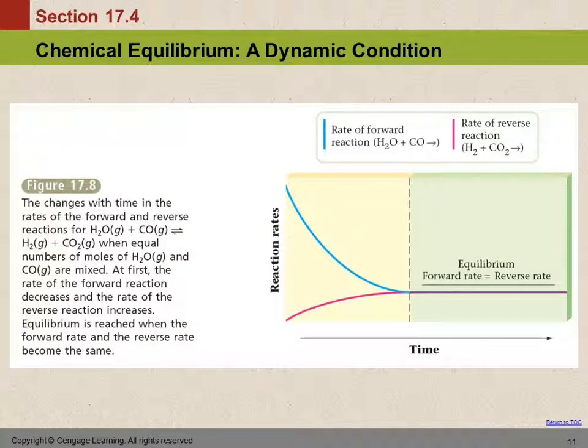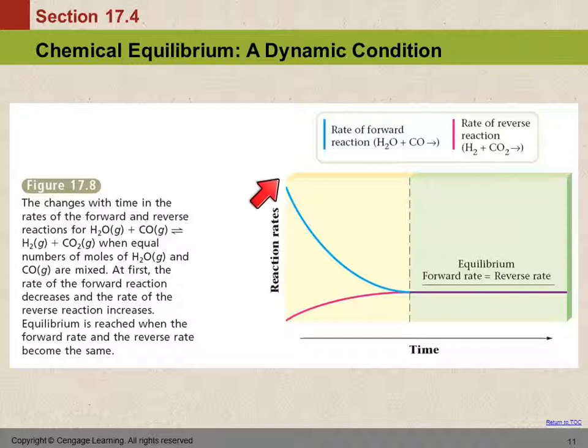So this is a graph that shows what's going on here. So this is reaction rate. So high on the y-axis means a high reaction rate, and down here it starts at 0. So the blue line is the forward reaction, the water and the carbon monoxide reacting, and the reverse reaction is the red, hydrogen and carbon dioxide reacting. So initially, there's no hydrogen and no carbon dioxide, so the reverse reaction cannot happen at all, right?